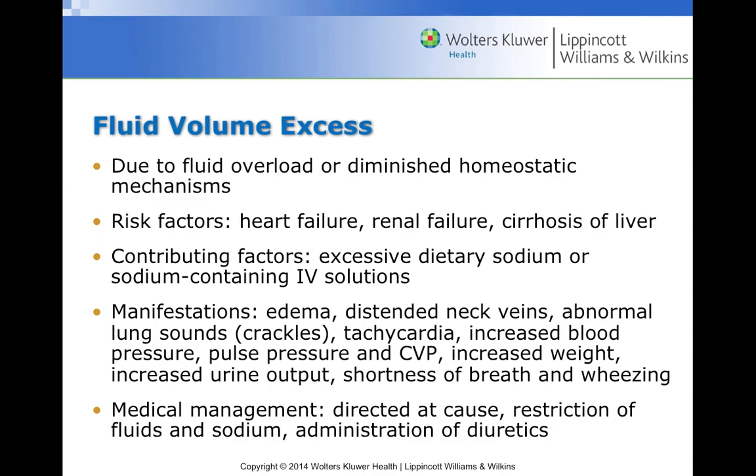When we look at laboratory data and diagnostic findings, this is useful in diagnosing your fluid volume excess. We'll look at the BUN and the hematocrit levels. With fluid volume excess, both of these values may be decreased because of the plasma dilution, low protein intake, and anemia.